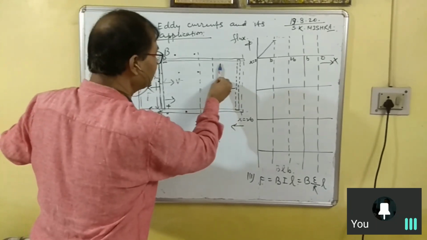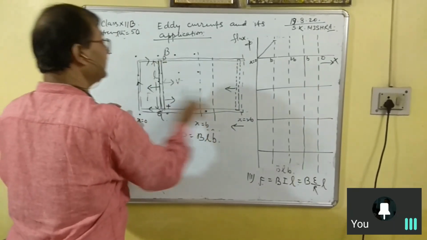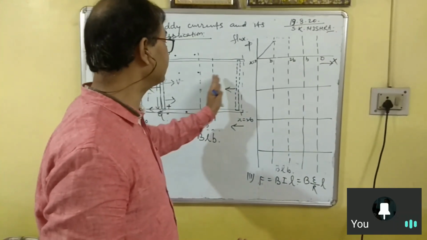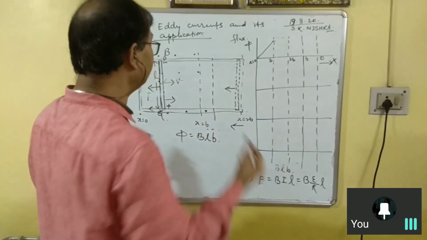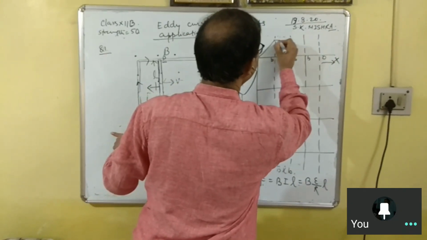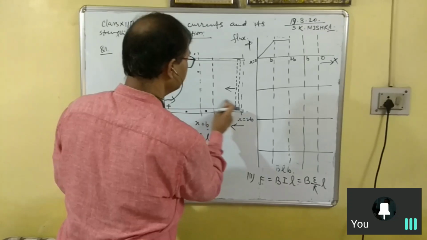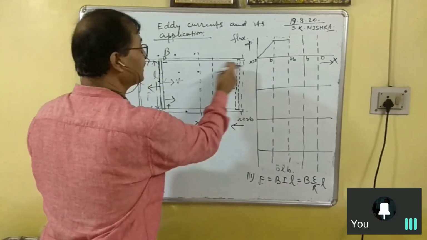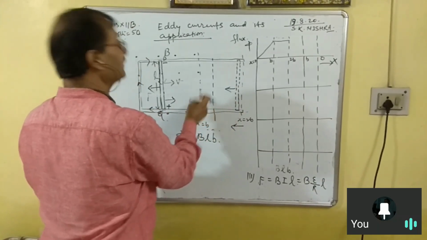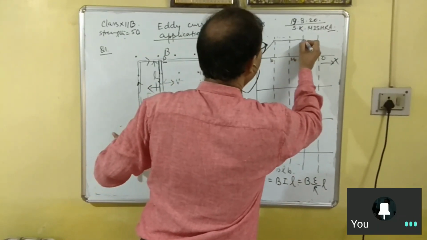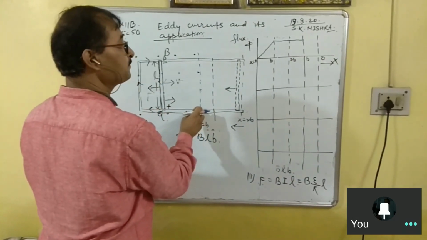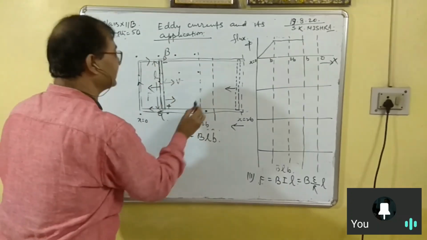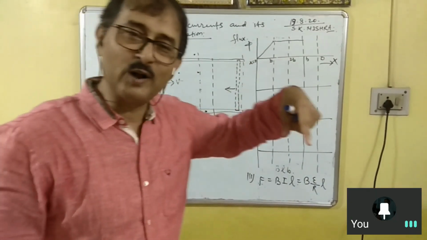Now after that, the area bounded by the loop will increase, but the magnetic field is not there, so there will be no increase in magnetic flux. This means magnetic flux will remain constant up to this position. Then when you come back, this area is decreasing, but there is no magnetic field within this region, so the flux remains constant up to this B. Now when you bring it towards left, the area bounded by the loop is decreasing, so the flux keeps on decreasing.